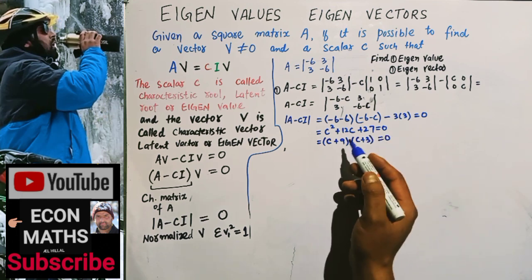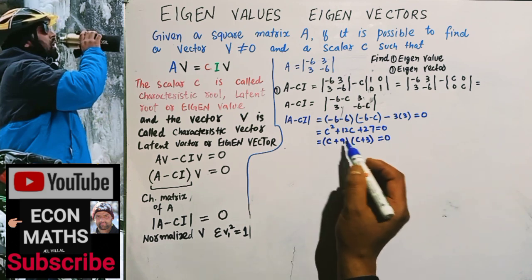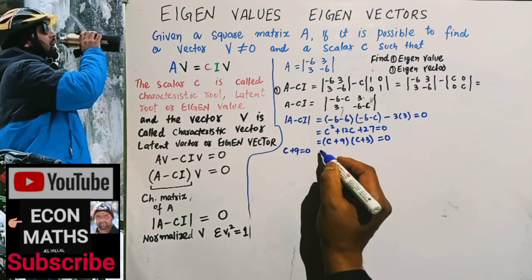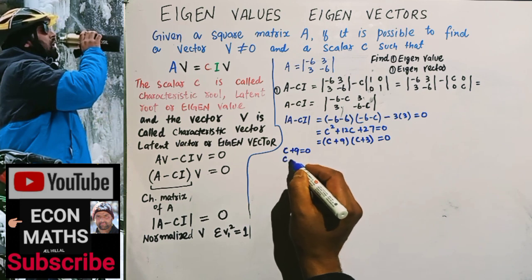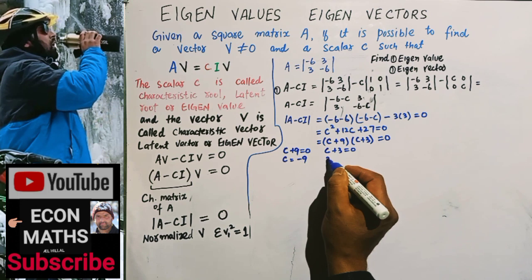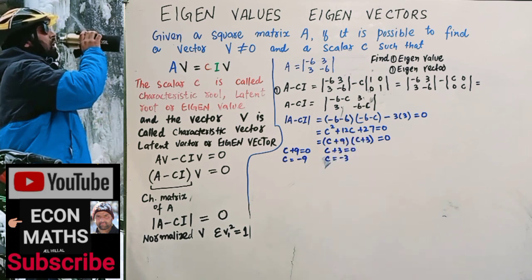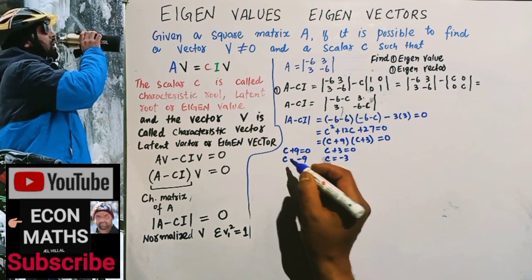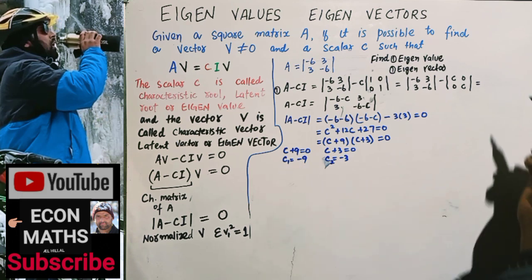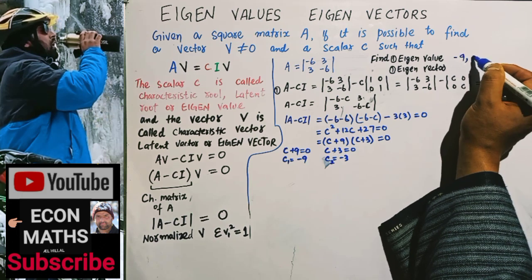That means we get two values for C. Either C plus 9 is equal to 0, which means C is equal to minus 9, or C plus 3 is equal to 0, which gives C is equal to minus 3. So we got two values for C, let us say C1 and C2. We got two eigenvalues, that is minus 9 and minus 3.